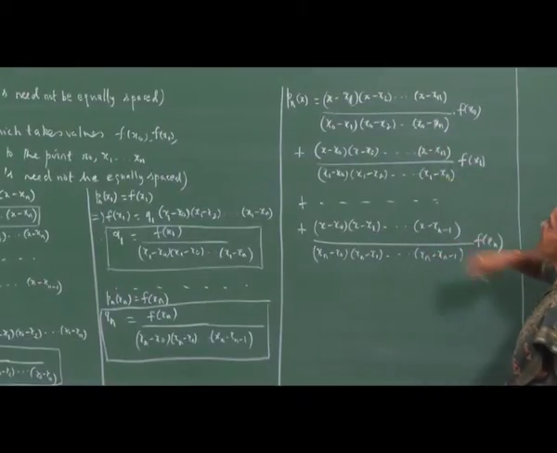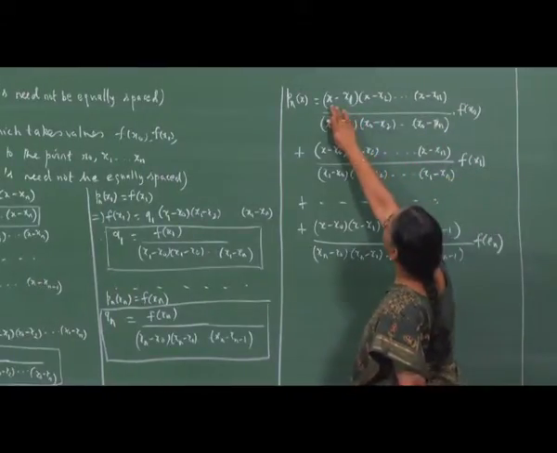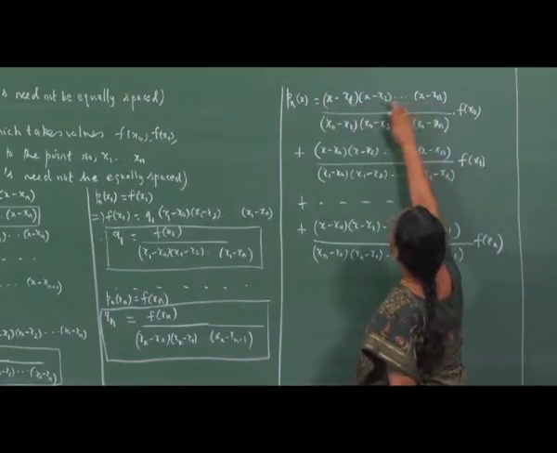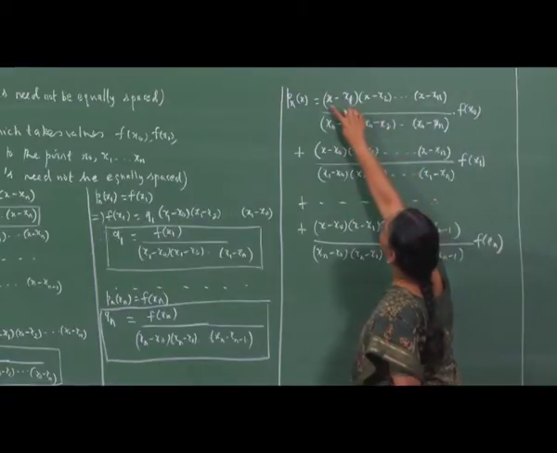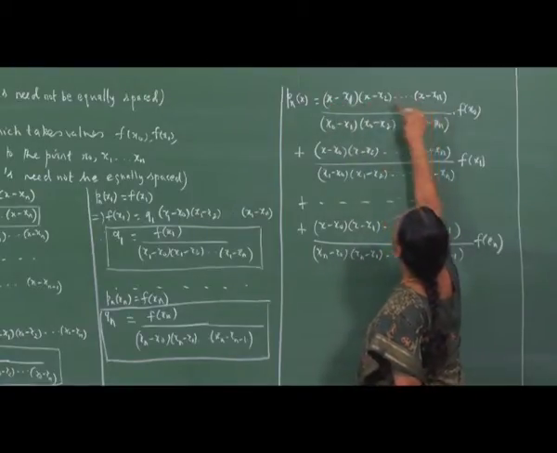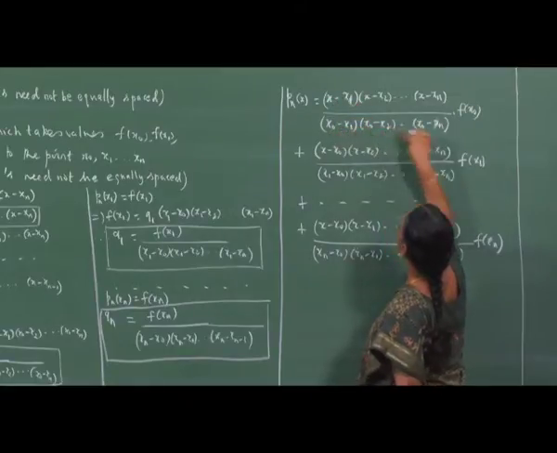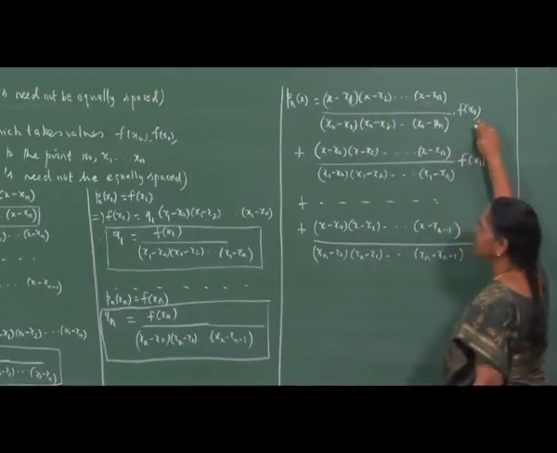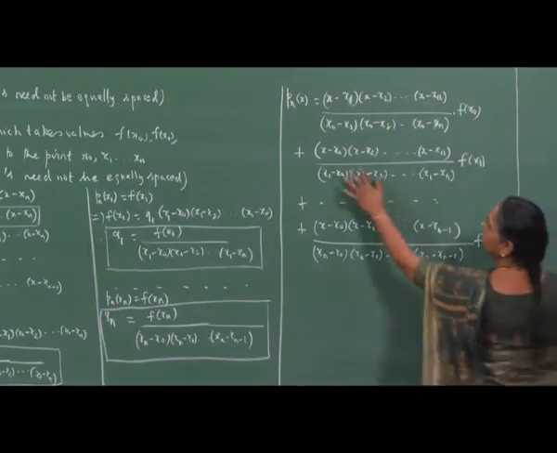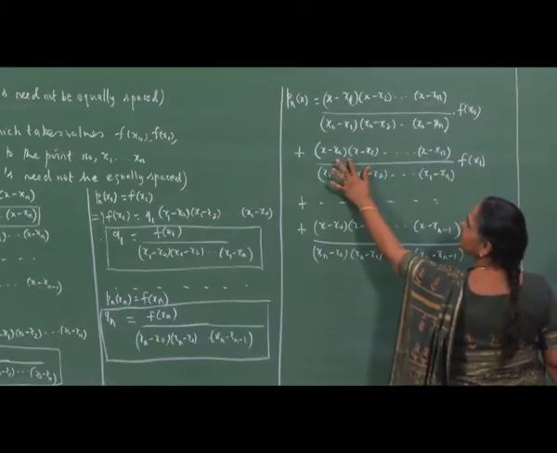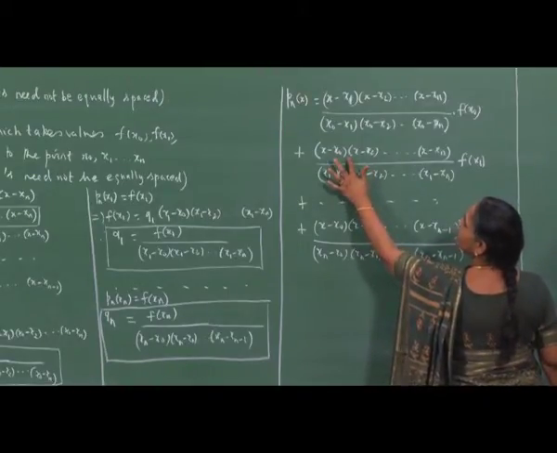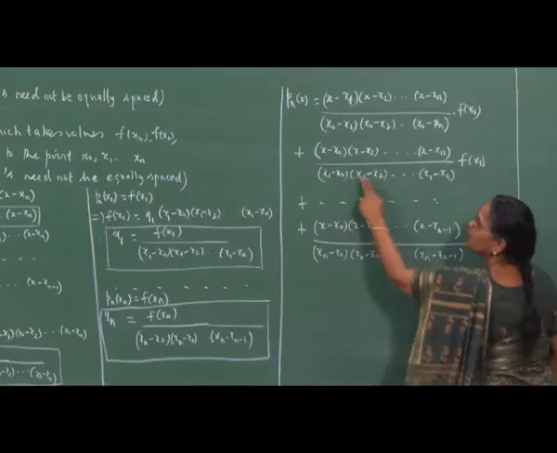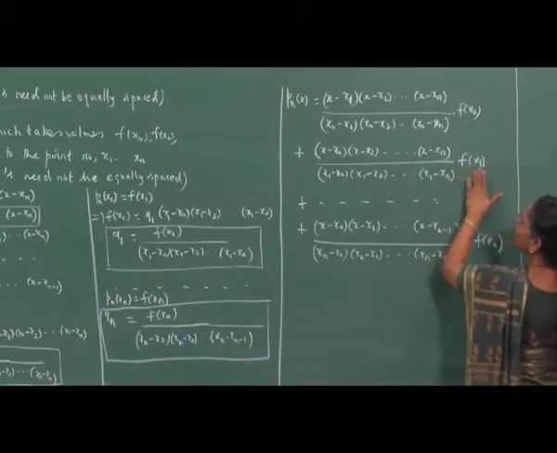We observe from here that the numerator does not have the factor x minus x naught in it, and the denominator is such that wherever x appears in the numerator, it is replaced by x naught in the denominator, and the first term is multiplied by f of x naught. Similarly, the factor x minus x 1 is missing in this term, and the denominator is such that wherever x appears in the numerator, it is replaced by x 1, and the term is multiplied by f of x 1.